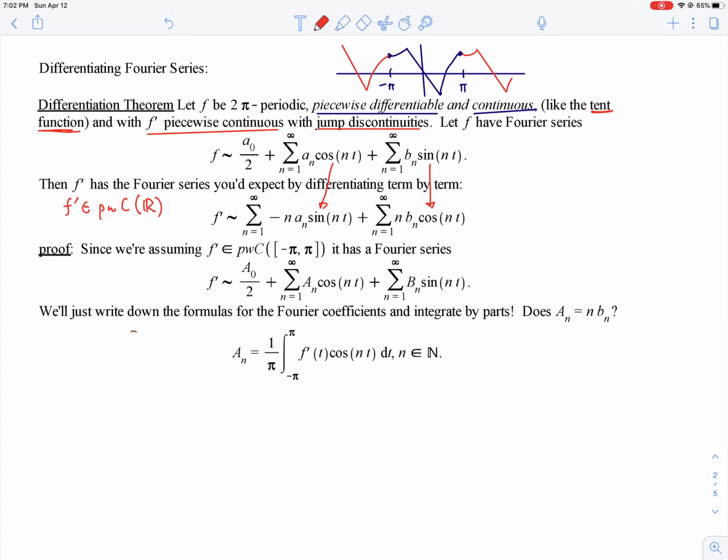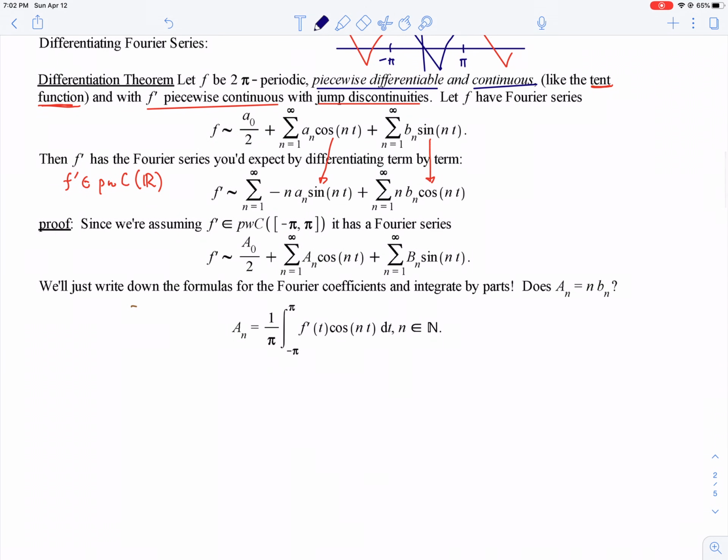And I want to explain why the theorem is true. So what we're going to do is kind of tricky. F prime has a Fourier series, so let's just write it down. Let's use capital letters. I'm realizing it would have been better to reverse capital and lowercase according to our conventions since calculus. But anyway, capital F prime has a Fourier series with capital letters. And let's compute the Fourier coefficients using the formulas.